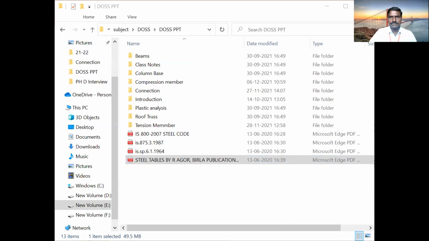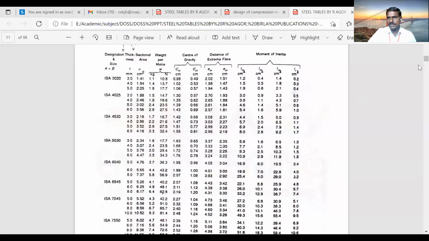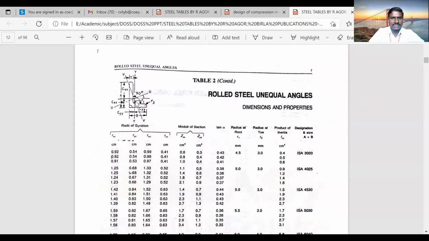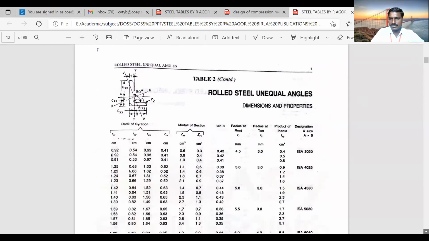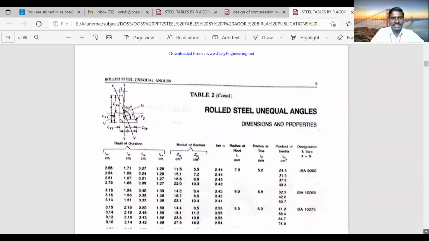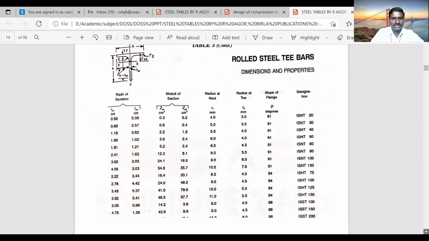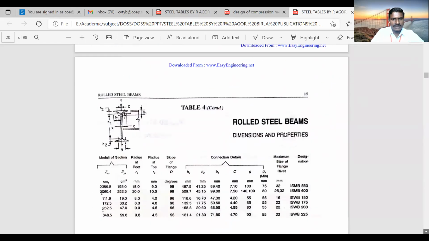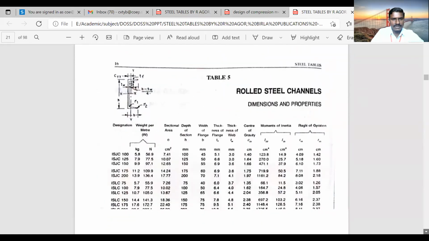No, sir. Now? Yes, sir. Okay. So we have to select directly. See now here the sketches. So this is the unequal angle section. So we have to go next, where the equal both angle sections are given. This is T section. This is I section. Again I. This is again I. Channel.